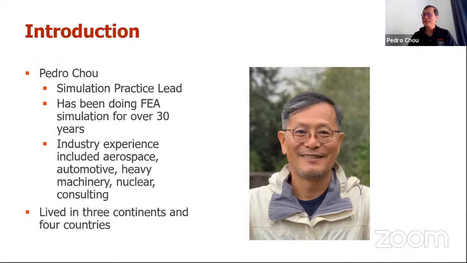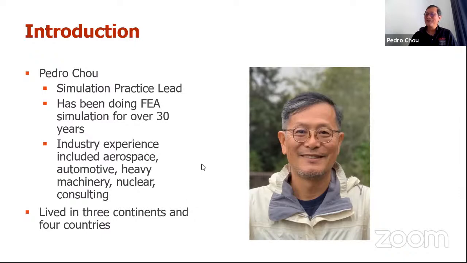They asked me to put some fun facts about me. I'm not sure if this is any fun or not, but I was born in Taiwan, I grew up in Brazil, and maybe that's why you see a Spanish or Portuguese name in front of a Chinese last name.